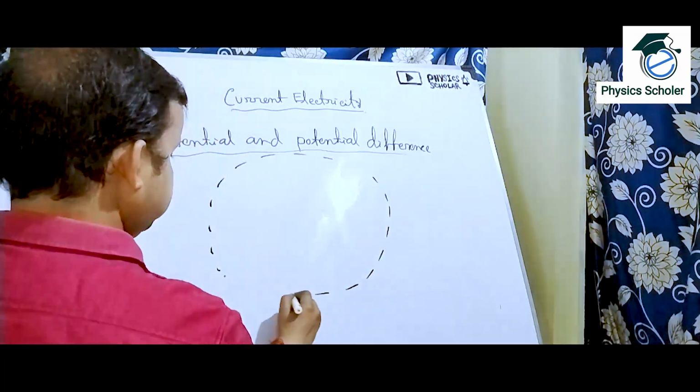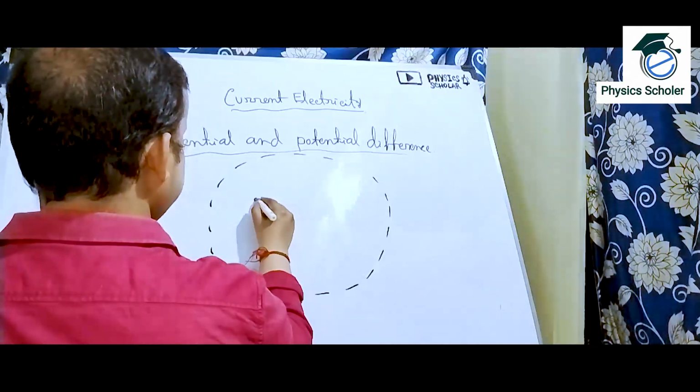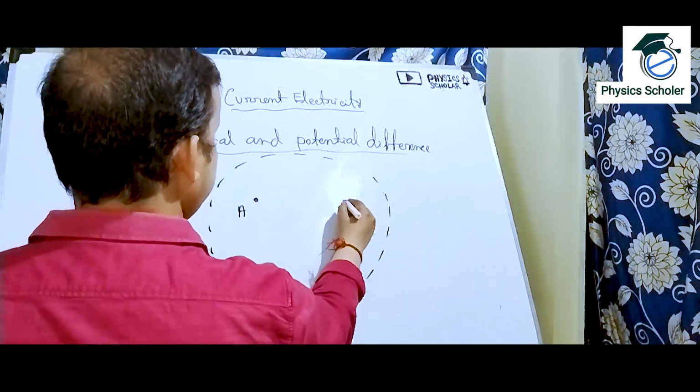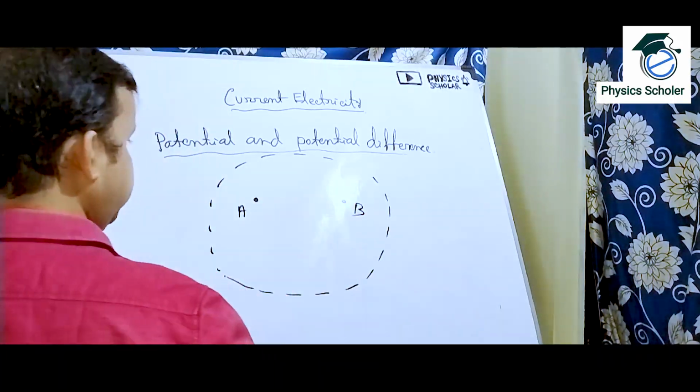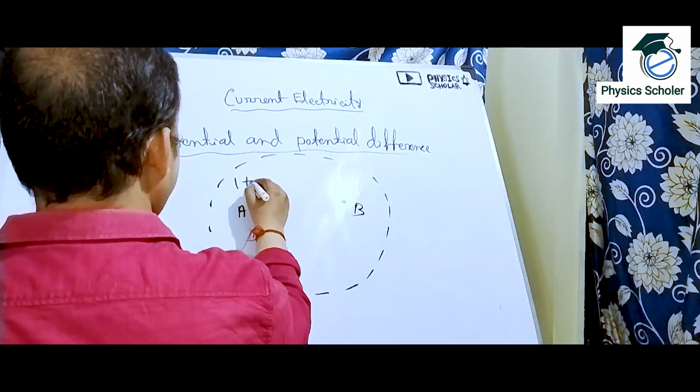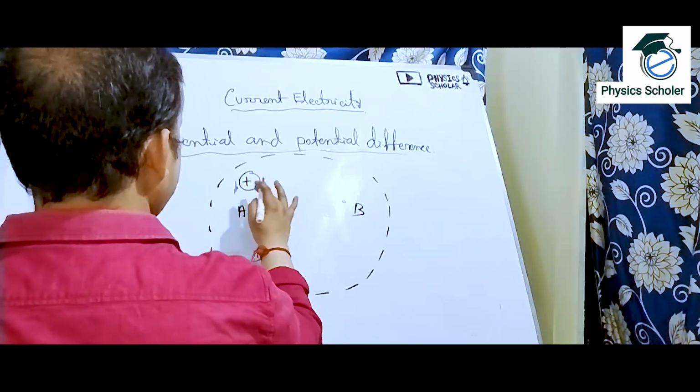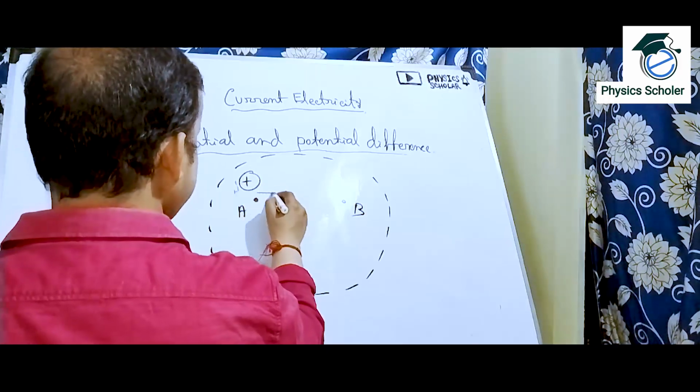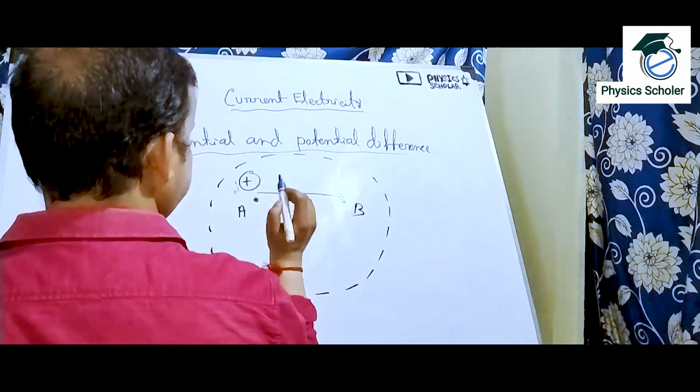Suppose this is an electric field. Inside the electric field, 2 points are there. A unit positive charge we want to bring from this point to this point.